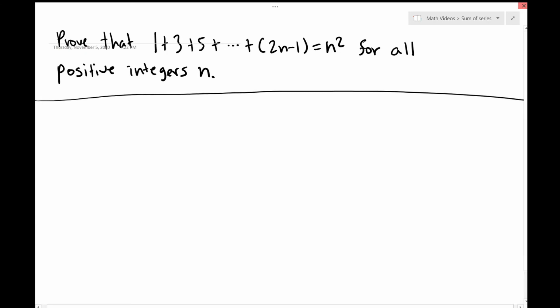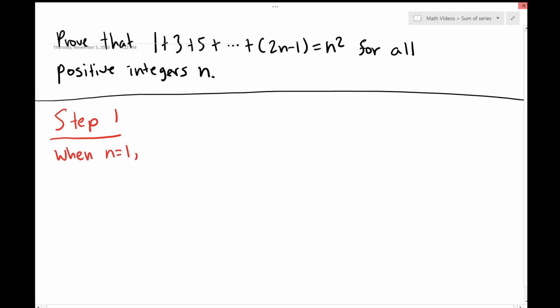Here we have a different type of problem. We want to prove that the sum 1 plus 3 plus 5 plus all the way till 2n minus 1 equals n squared for all positive integers n. And we use the same steps. So we have step 1, we're showing it's true when n equals 1.